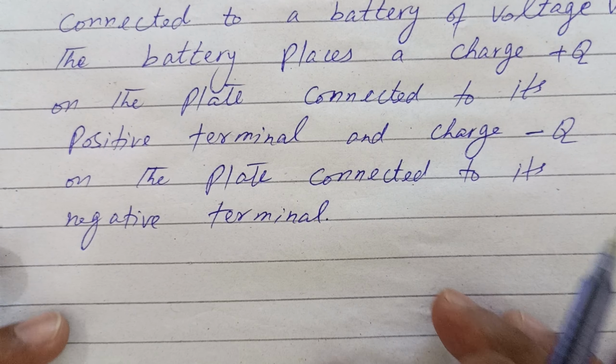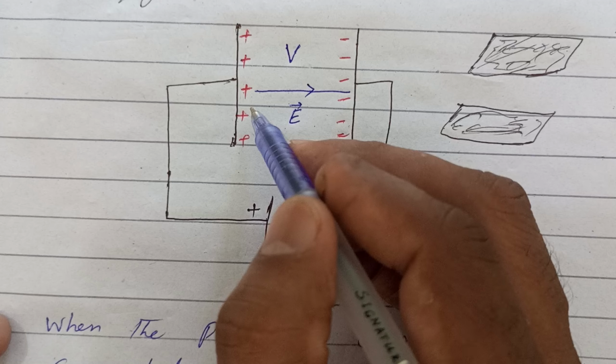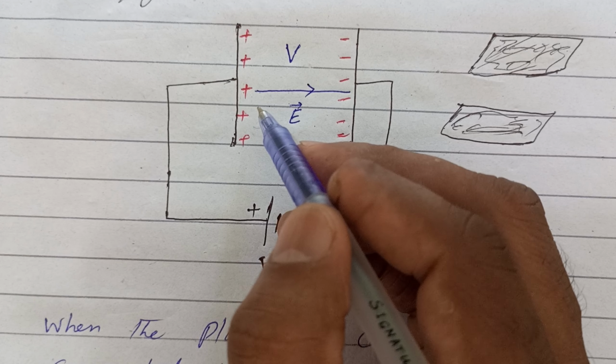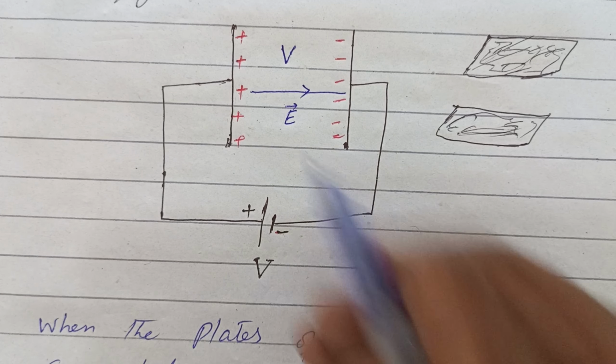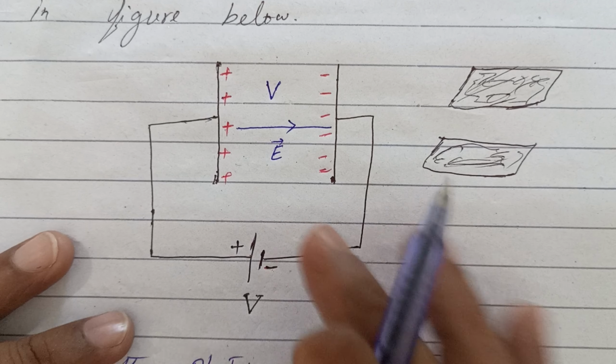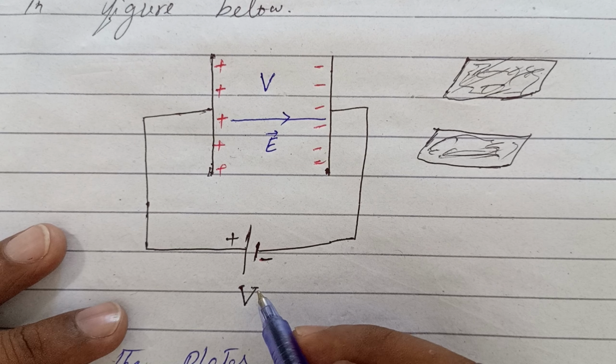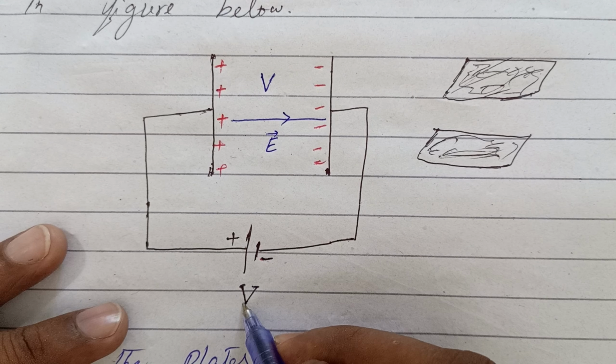So now we further discuss how much charge will be placed on the plates of a capacitor. The amount of charge on the plates of a capacitor depends upon the voltage of the battery.